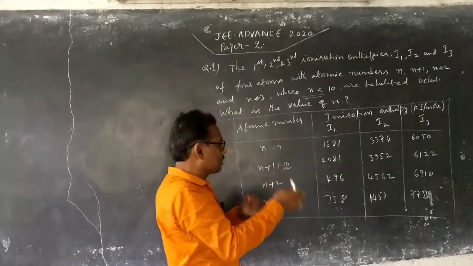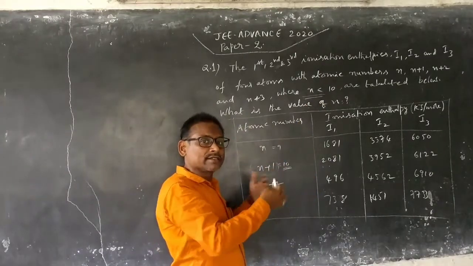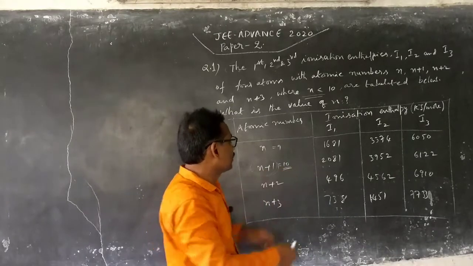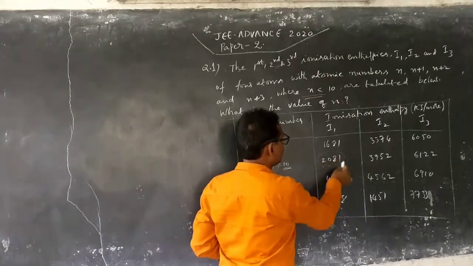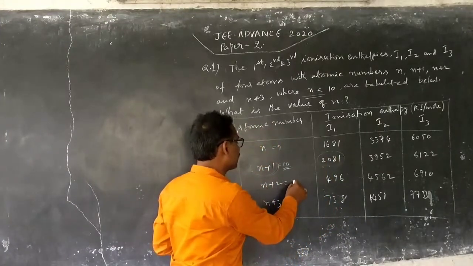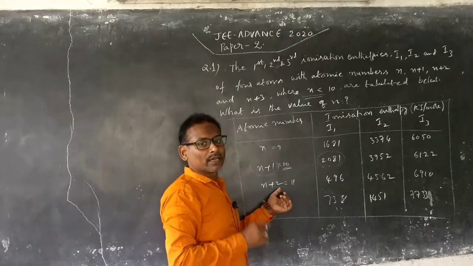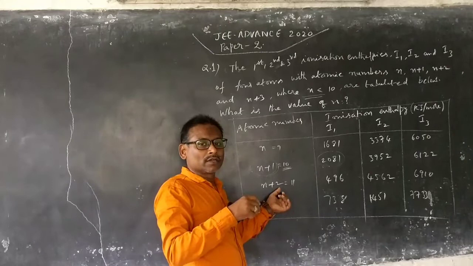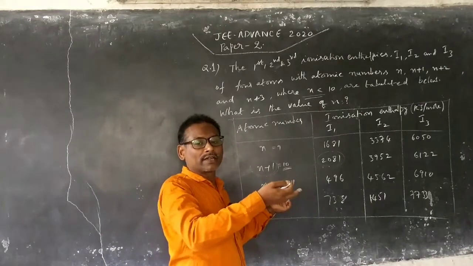Now let us check whether our proposed idea is correct or not. Since this is neon, it has a very high first ionization enthalpy. Then n plus 2 is 11, that means sodium. In the case of sodium, after removal of one electron, it gets a noble gas configuration.